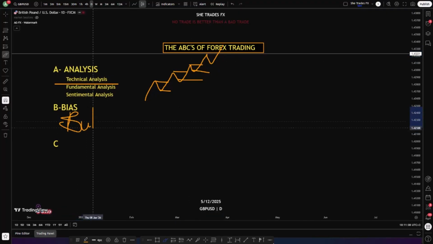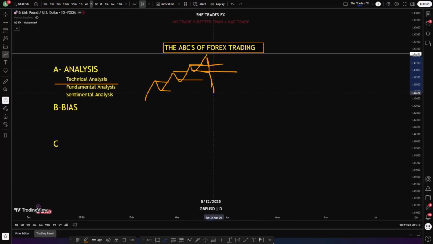Now, you can have a bullish bias, and as you're waiting for price to retest to tap you in, it instead breaks through the level where you were expecting to buy. It breaks through.